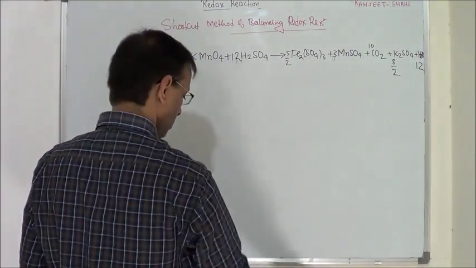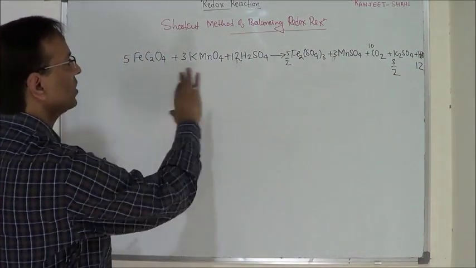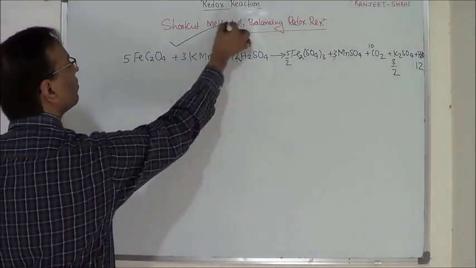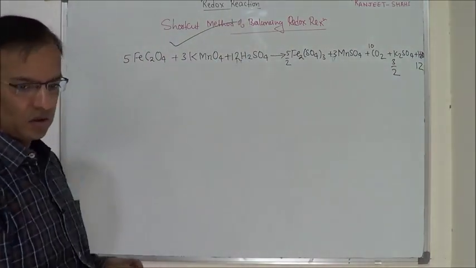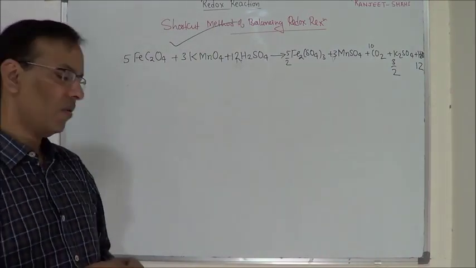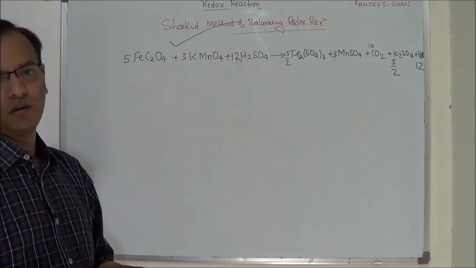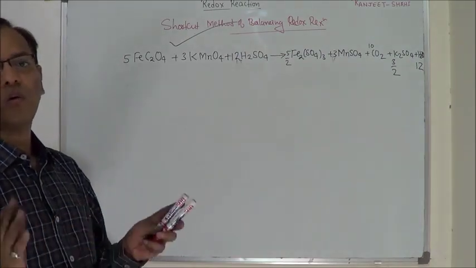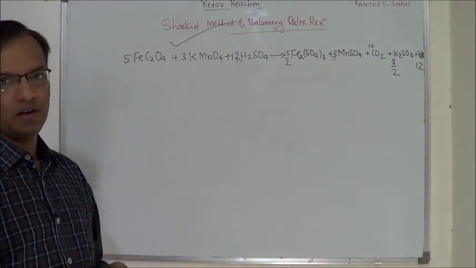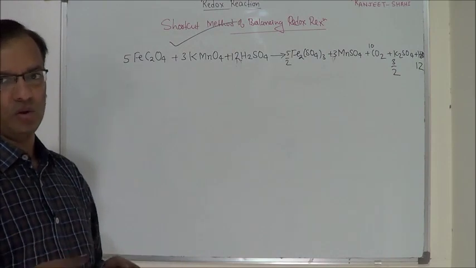So any type of redox reaction can be balanced by this shortcut method of balancing, which will be a very important and strong tool when we go for solving a redox reaction, stoichiometry of a redox reaction.